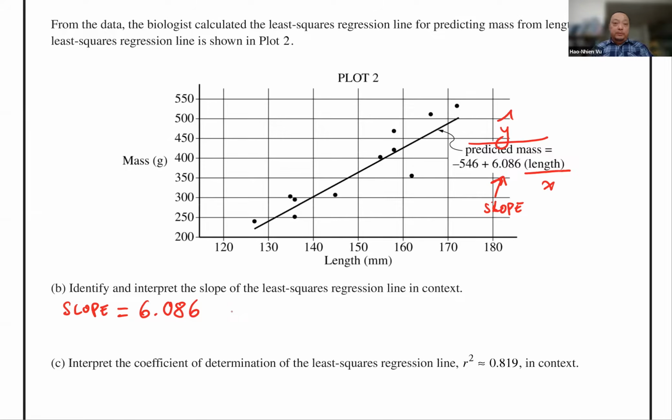The slope of a line, any line, means the change in y for every increase of 1 in x. So we just plug in the verbal context for the x and y.